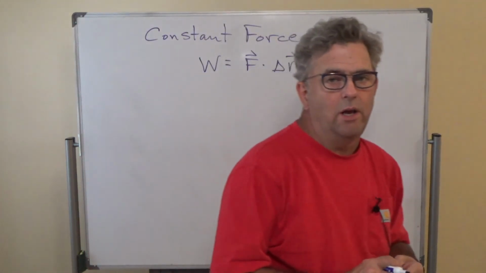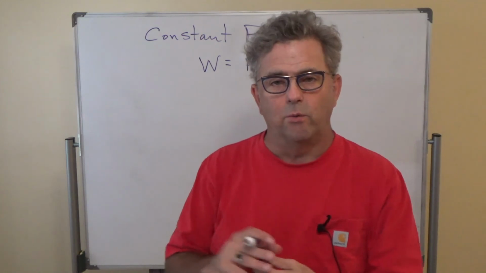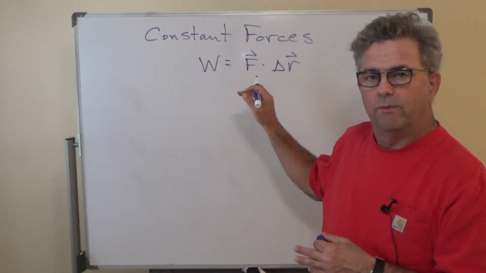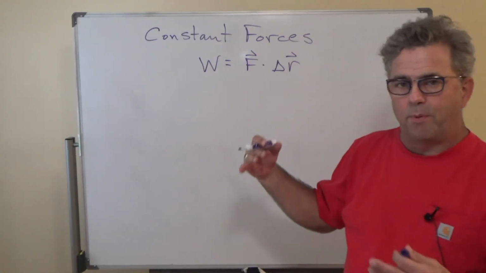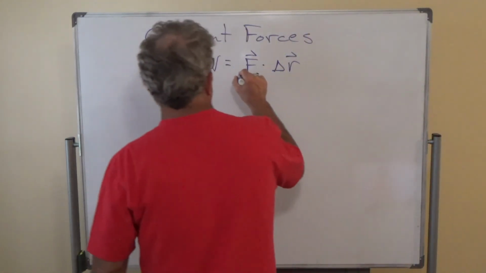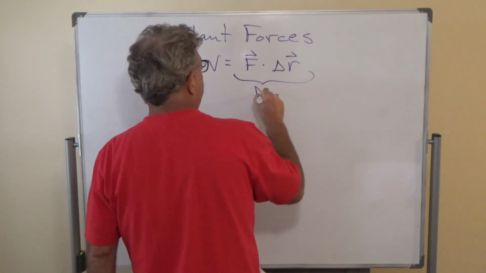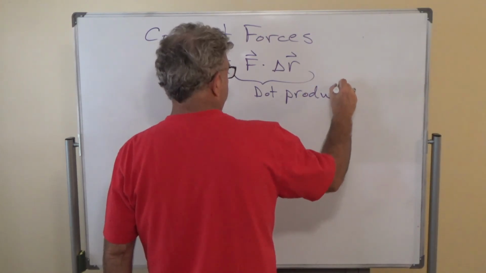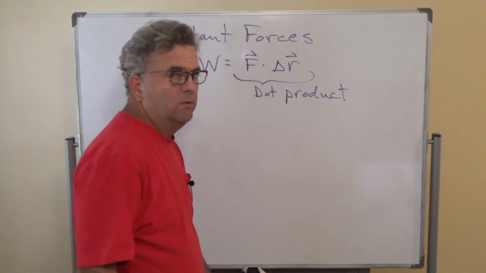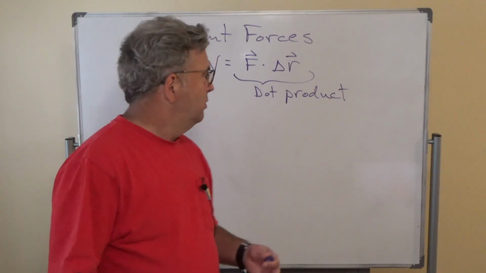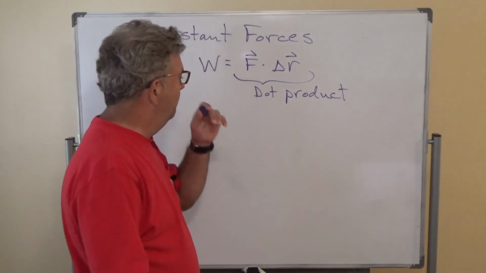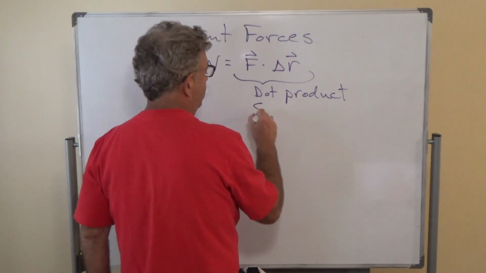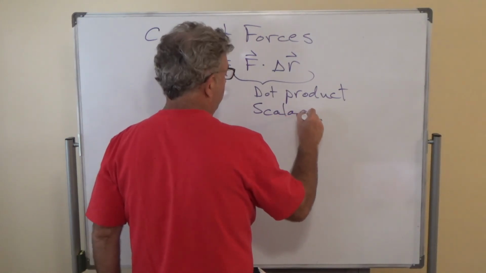Some of you may already know. It's the force dotted with the displacement. This is a vector multiplication. This is called the dot product or scalar product. Most people call it the dot product, as opposed to the cross product, which we'll eventually get to. And multiplying these two vectors together gives you a scalar. So this is a dot product, sometimes called the scalar product.